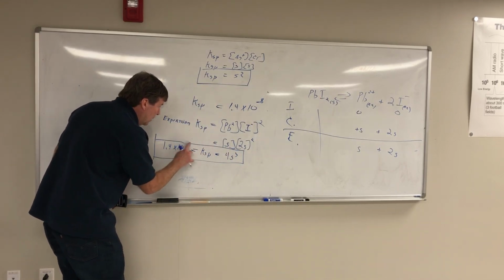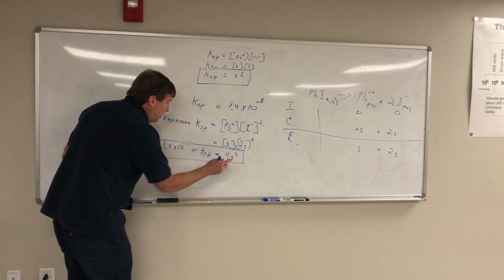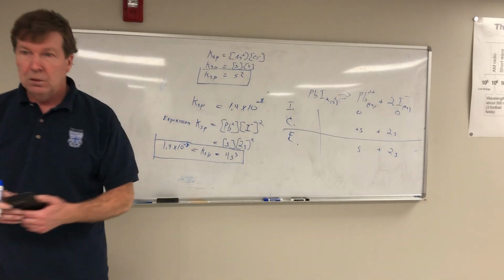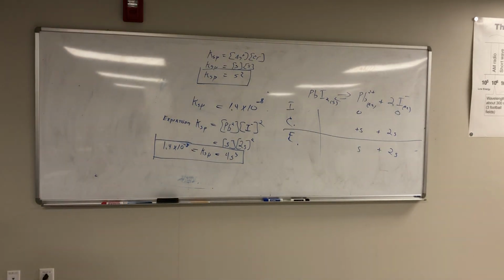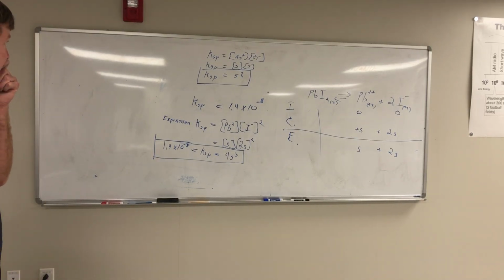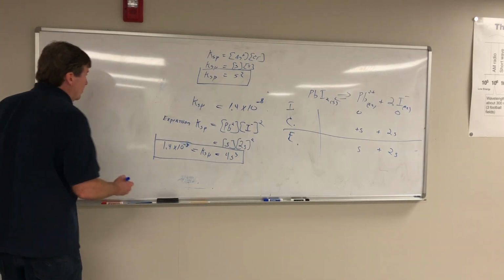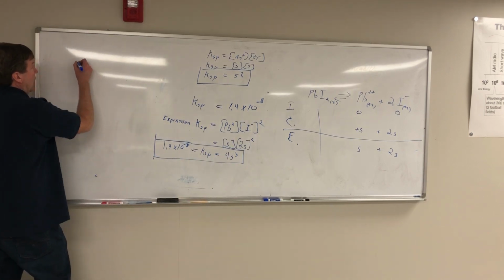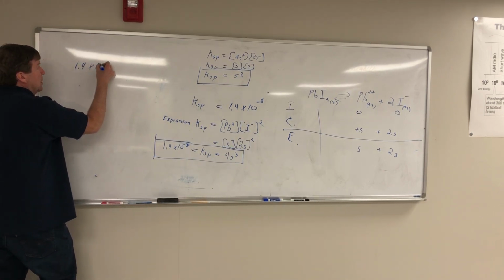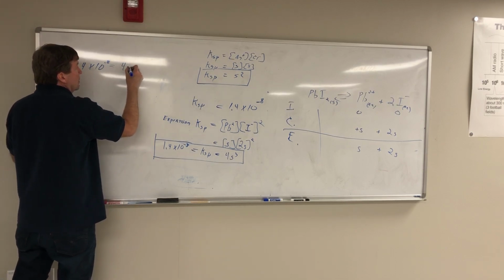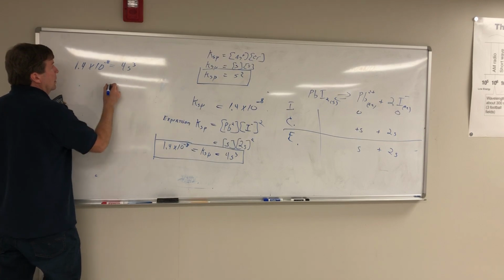Go ahead now and solve for S first of all. Well, here we go. 1.4 times 10 to the negative 8 equals 4S cubed.